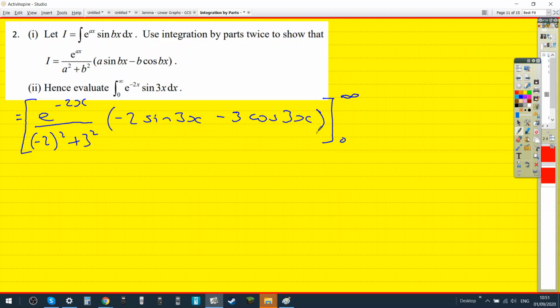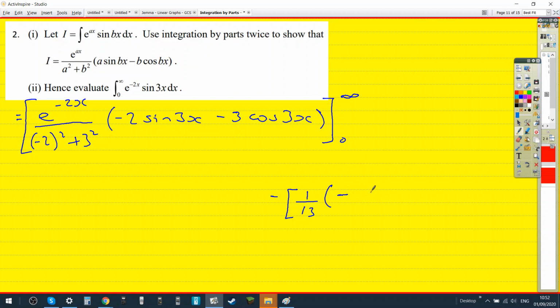Well, I get the 0 bit. Let's put in the 0 bit, see what we get. So that would just be 1 over 13 multiplied by something. So that's 1 over 13 times sine 0, which is 0.